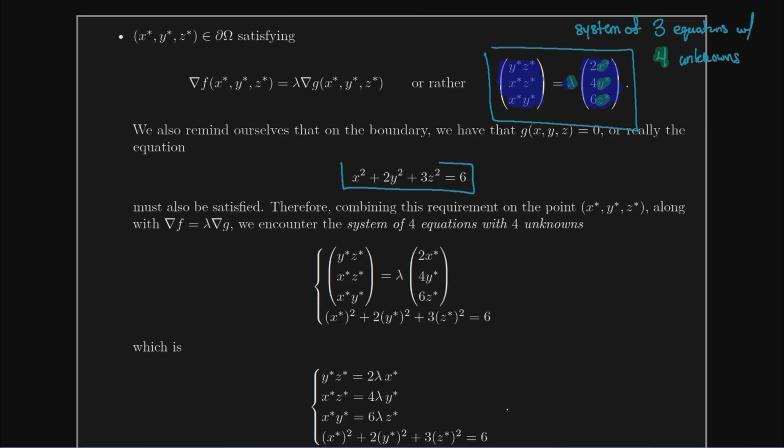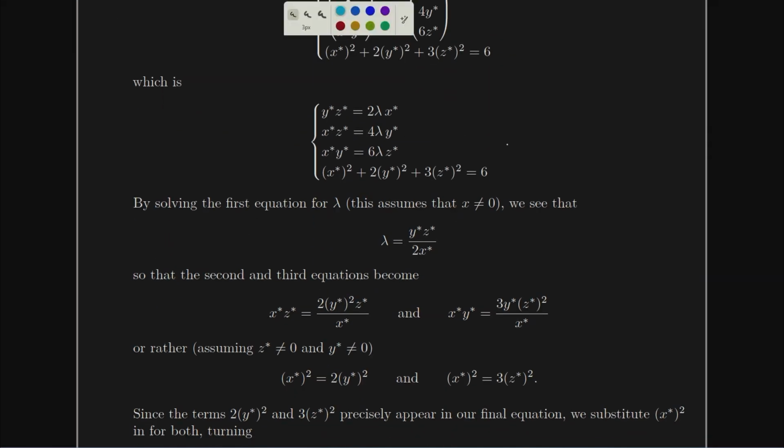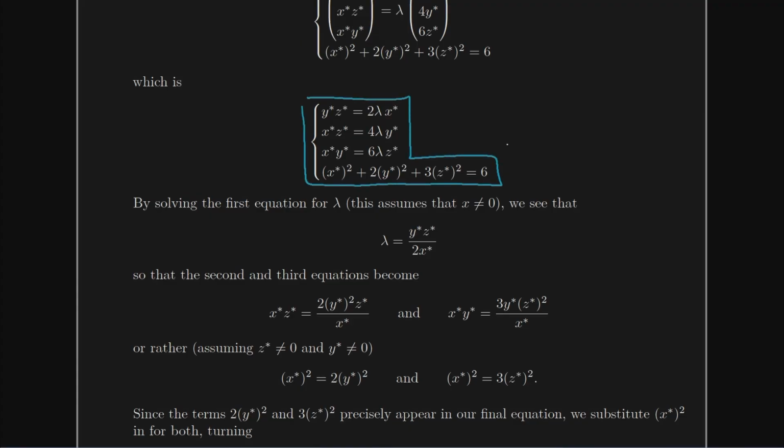Well, the constraining equation itself is the 4th equation here. So there you go. I've written them all in one giant system of equations. Or if I split up the vectors, as one giant system of equations, I need to solve this, solve for x star, y star, z star.